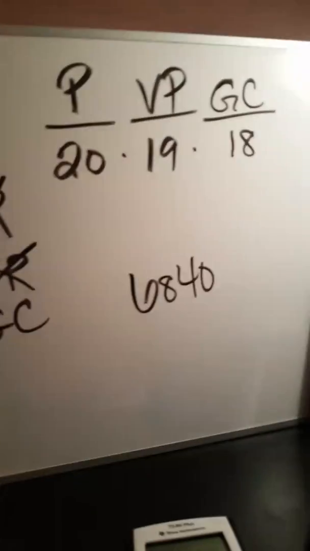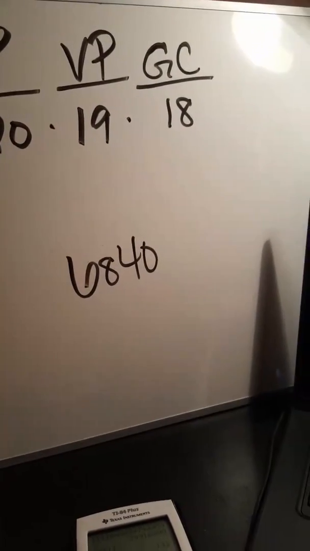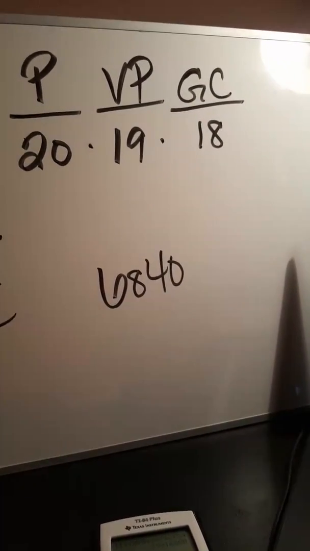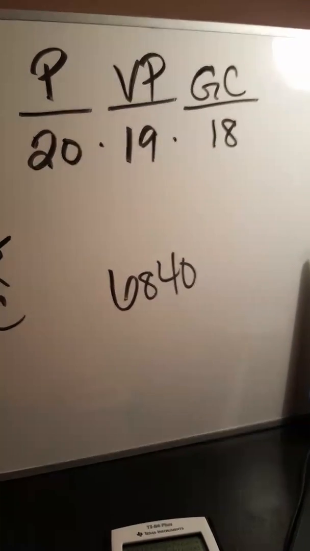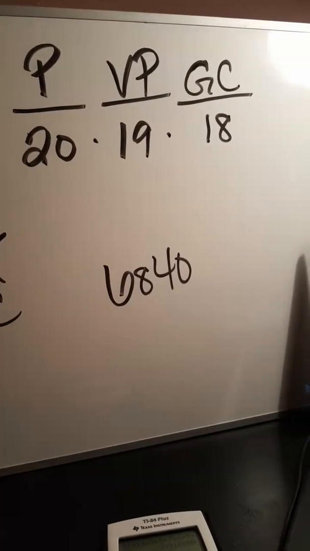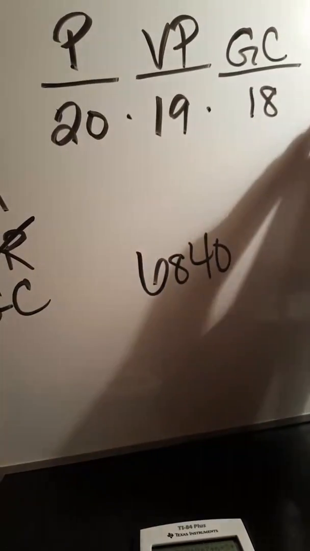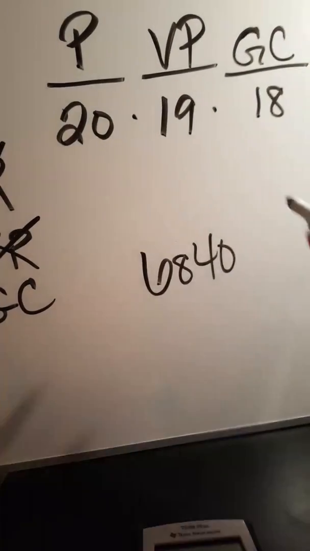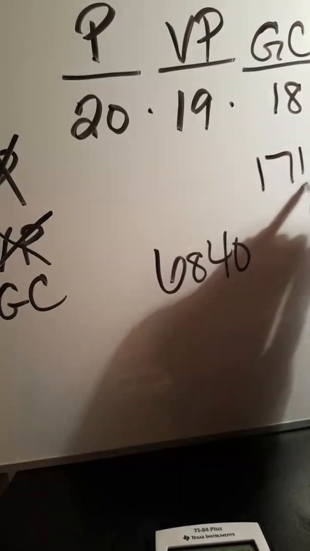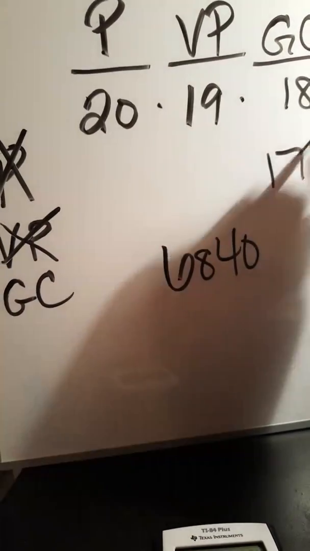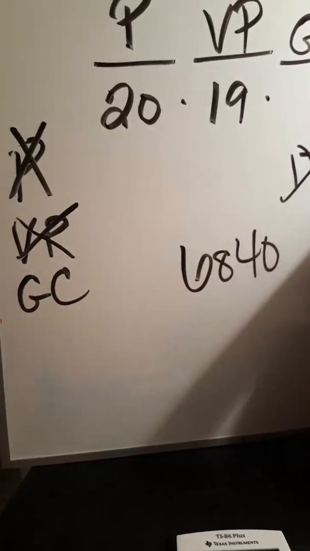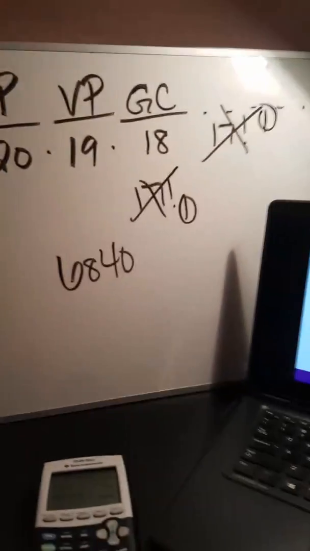6,840. Now, let me add something here. If they wanted to know about the other members, what would make this simpler is that there are 17 more people left, and those 17 regular members cancel out, like if we were doing something bigger.